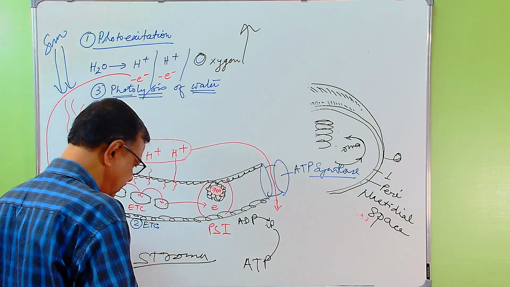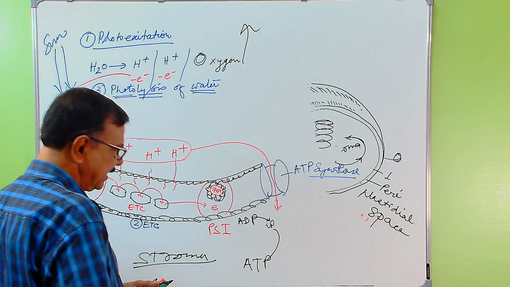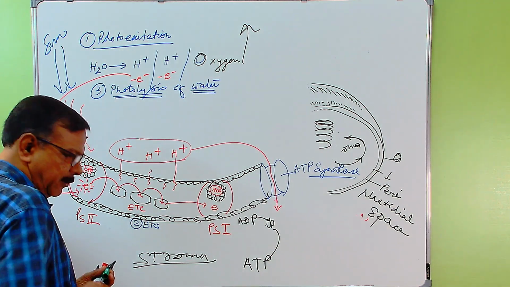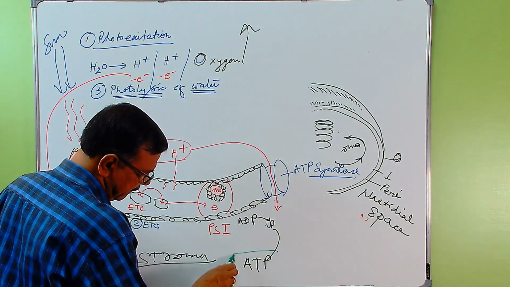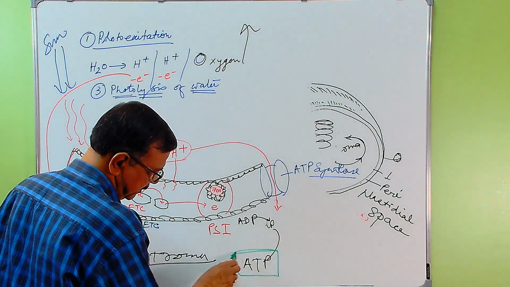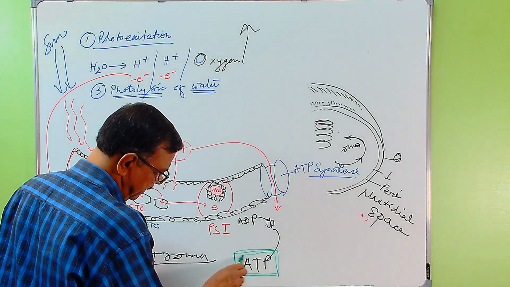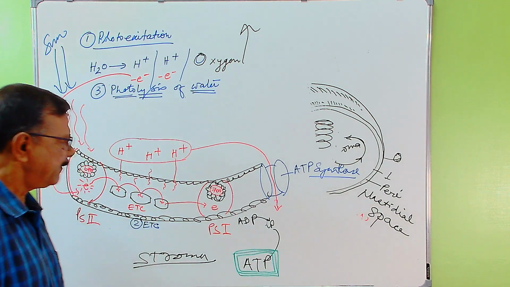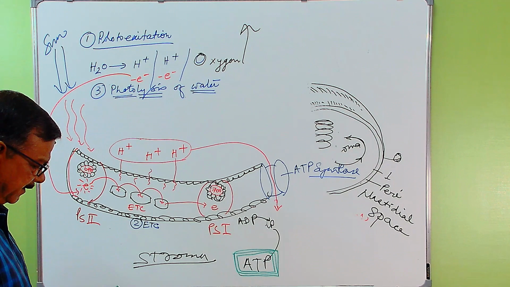That is the synthesis of ATP. In the light phase, we are producing two things which are required for the next phase. These are the main products of this light reaction.